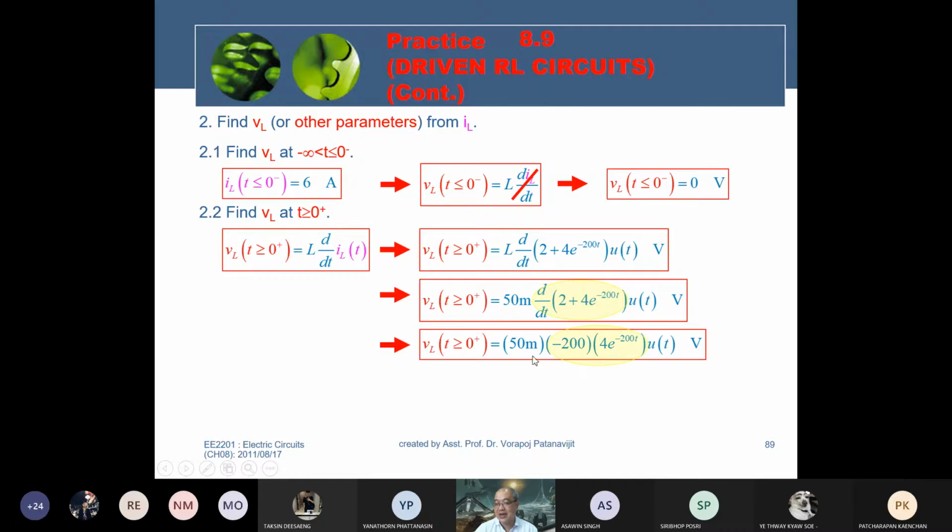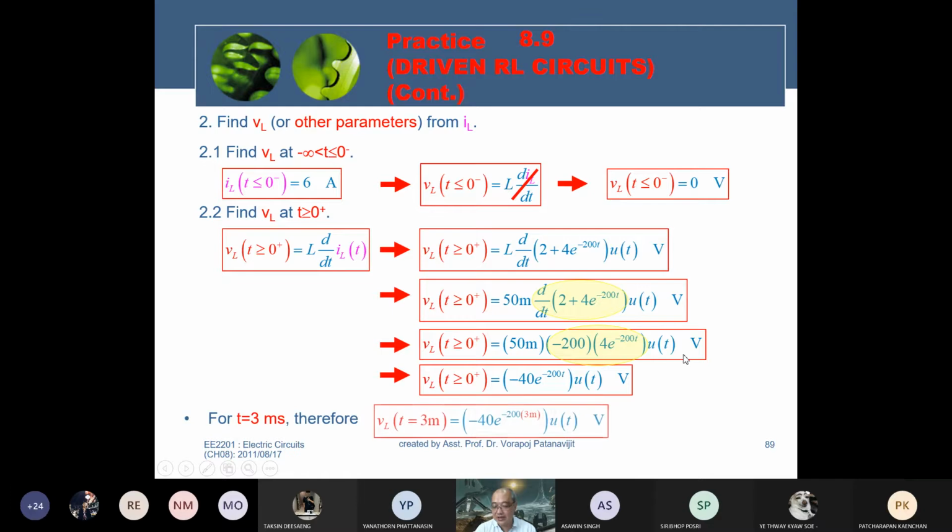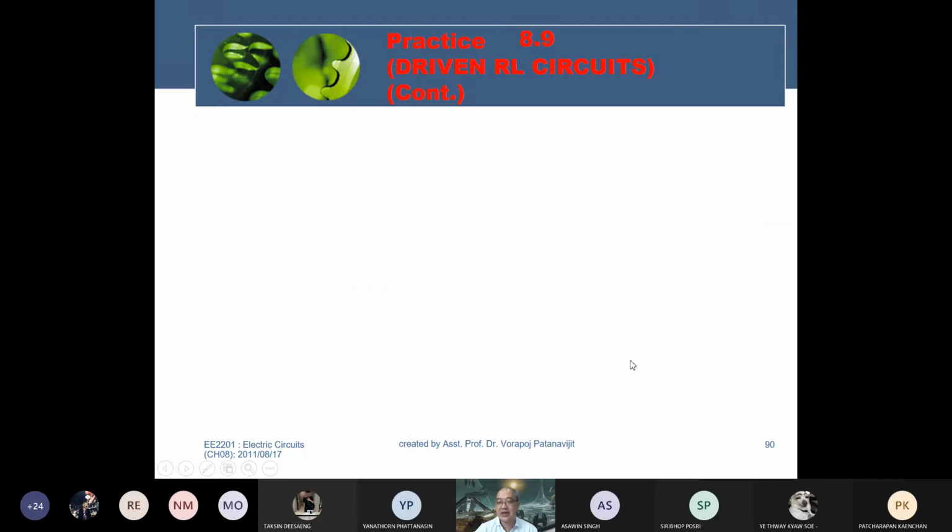Multiply and reorganize the form. The inductor voltage equals minus 40 e power minus 200t. And for time equal to 3 milliseconds, the inductor voltage is equal to minus 22 volt.